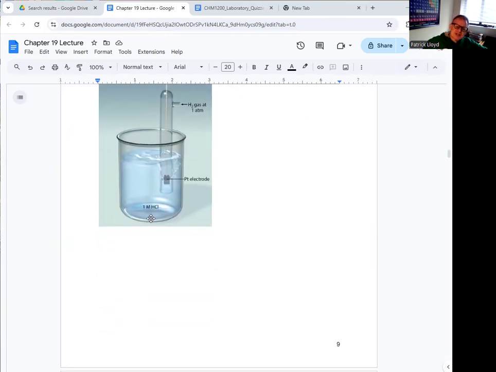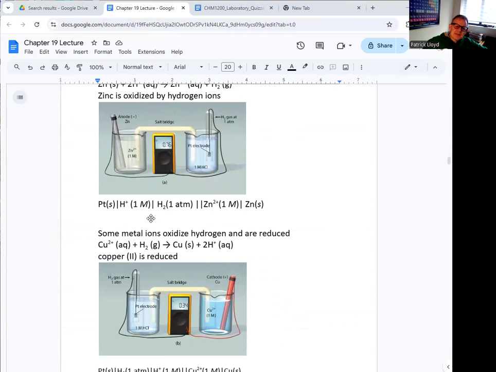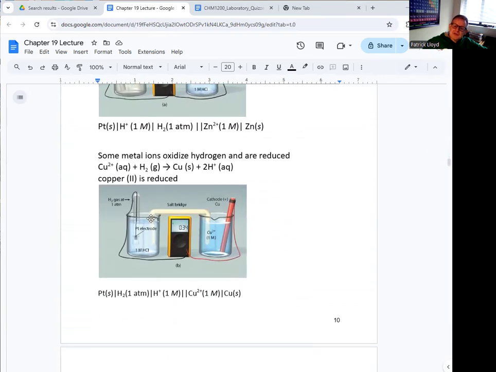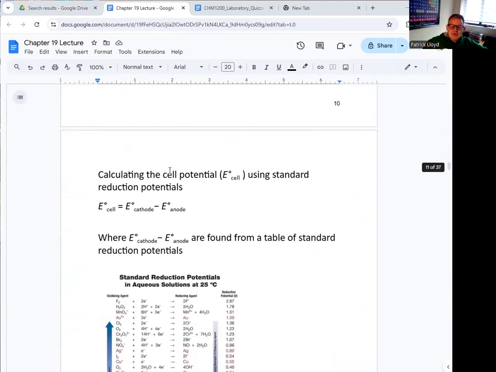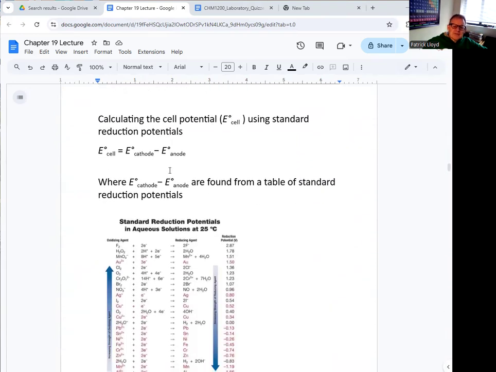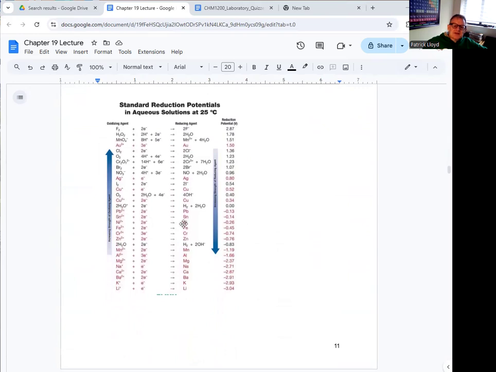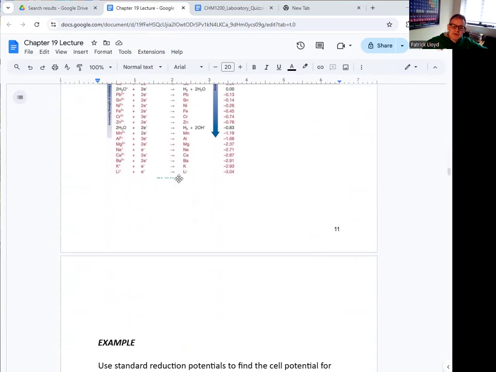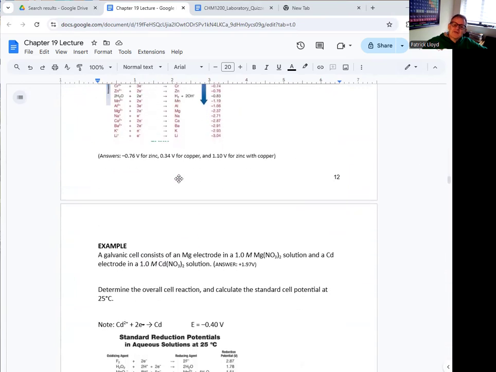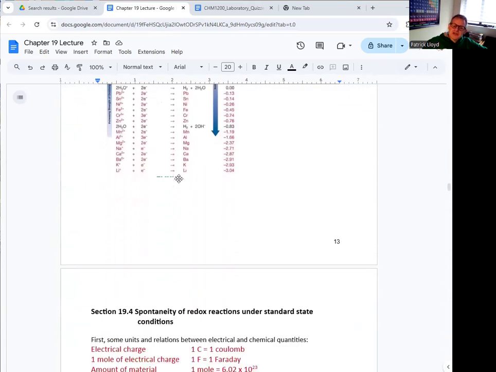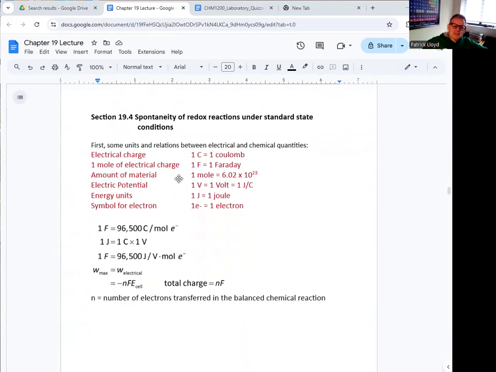That's discussed in that section, the standard hydrogen electrode with some of the notation. This is called line notation, cell notation, I should say. And then we get into some of the standard values, the standard reduction potentials, which you can use to do calculations. There are several examples throughout the lecture notes, so that can help you to get into that.